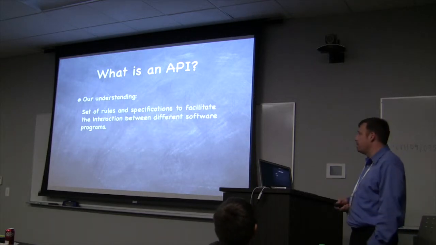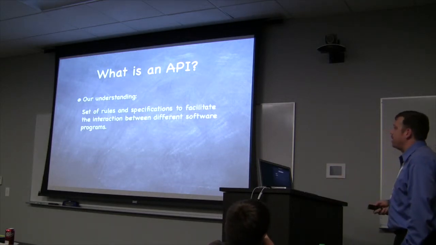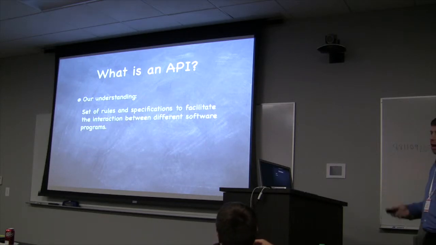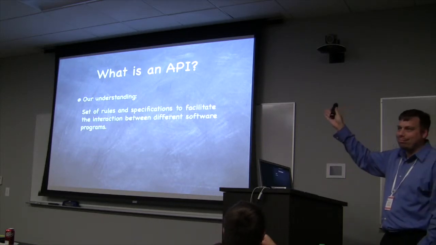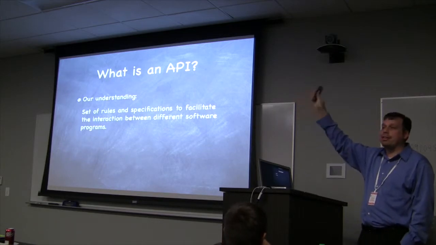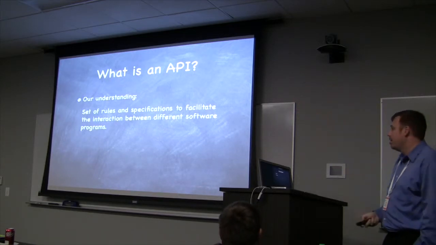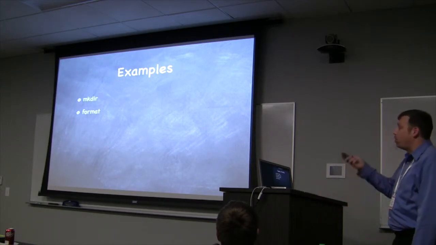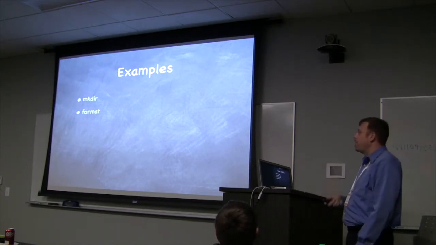All right, what does that mean to us? It's a set of rules and specifications to facilitate the interaction between different software programs. How many of you have ever used an API? You should all have your hands raised, because even if you didn't realize you were, you were. For example, if you've ever done a make directory command in a Unix server, or you ran a format on a disk, you used an API.